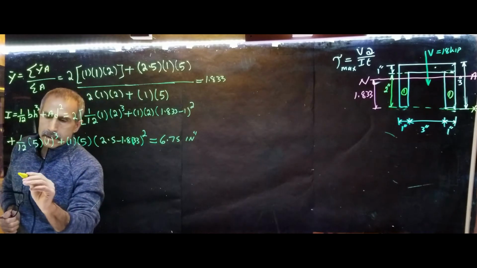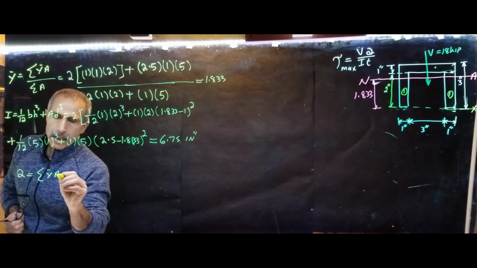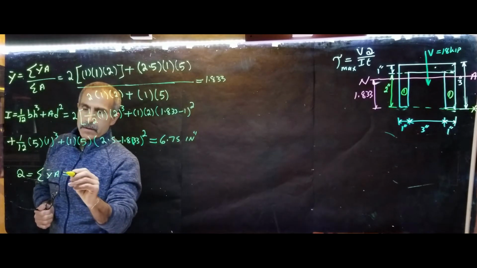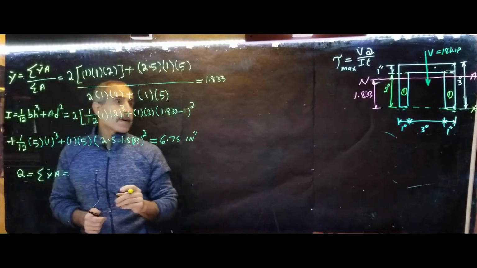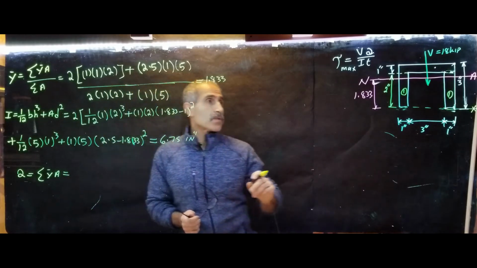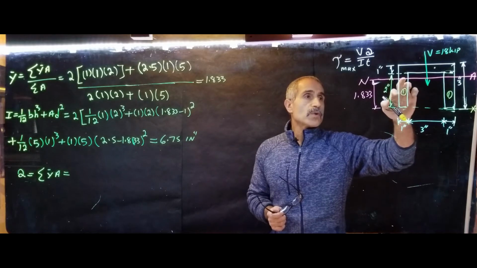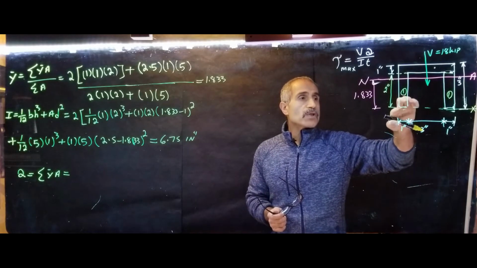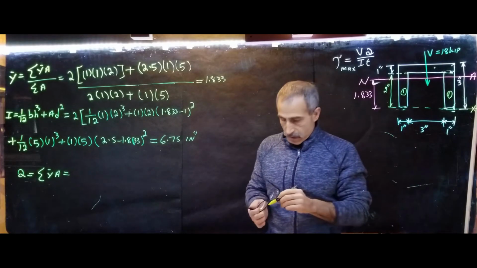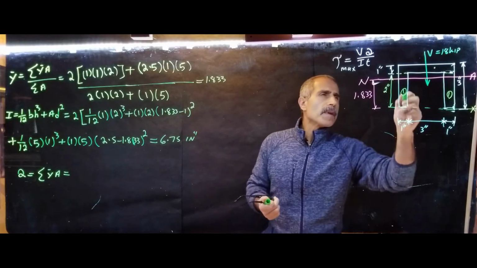And Q is summation y bar times A, area. So in here we have the y bar, it's going to be from the center of my shape to the neutral axis. My whole shape is basically this area.